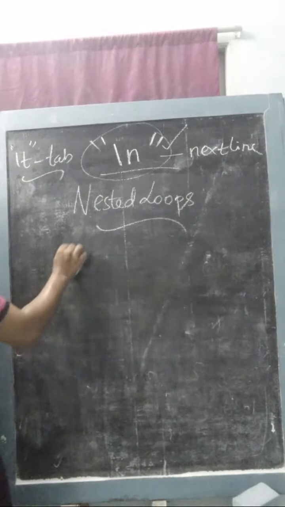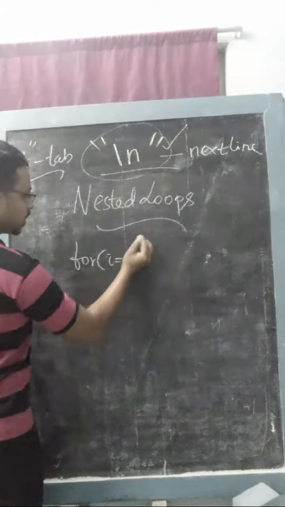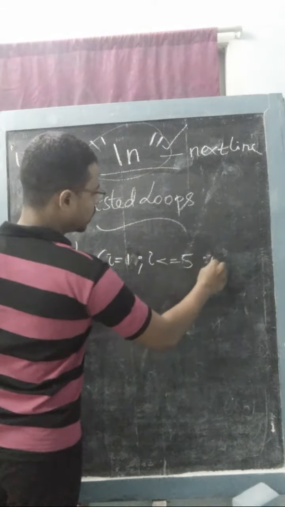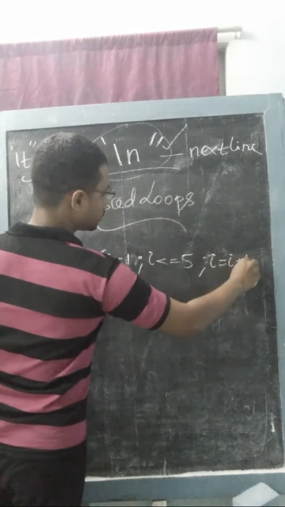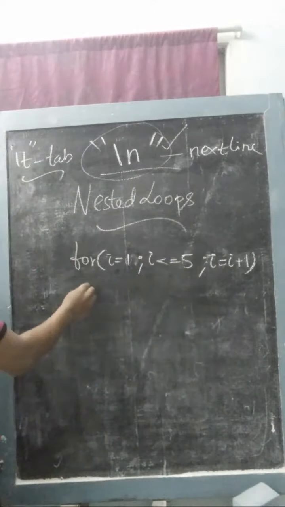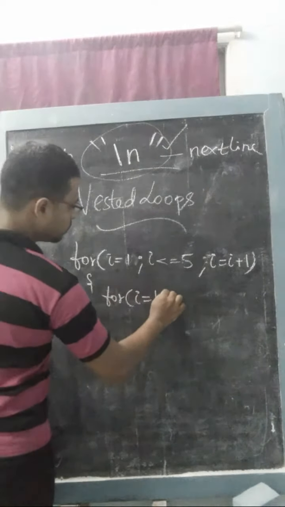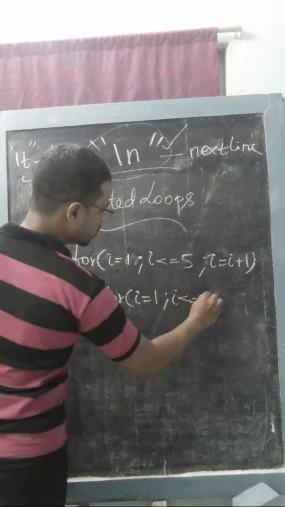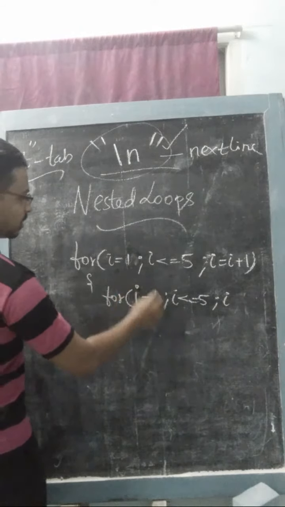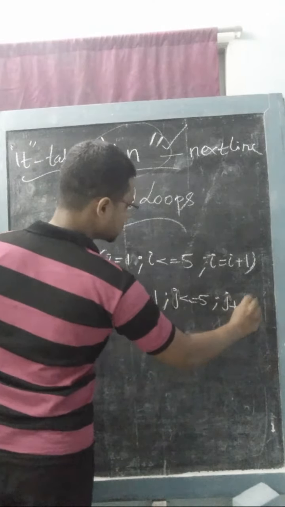Anyway, for i is equal to 0 or i is equal to 1, i less than or equal to 5, i is equal to i plus 1. Now this is the initialization, and this is the condition, and then increment or decrement. And then one more for loop I'm just writing. For i is equal to 1, i less than or equal to 5, and then, sorry, I'm just using another variable that is called j, instead of i, with j plus plus.